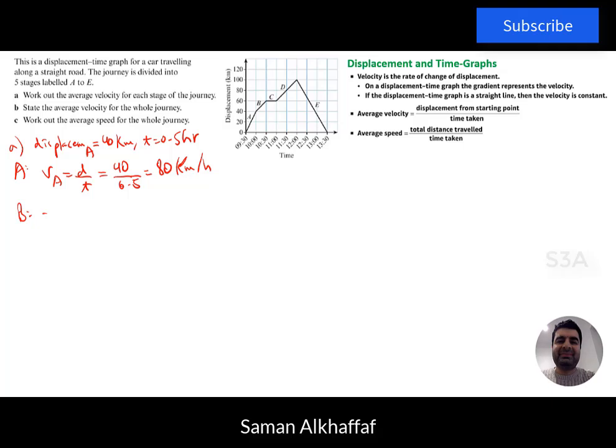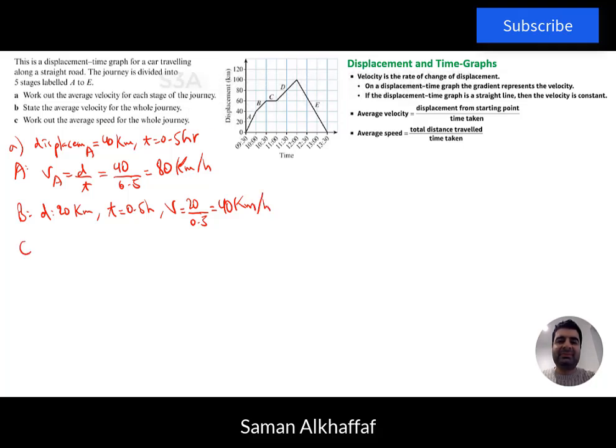For B, the displacement will be 20 kilometers and the time will be half an hour, so the velocity is 20 over half, which gives approximately 40 kilometers per hour.